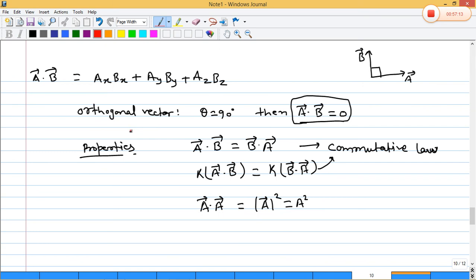We'll discuss the scalar triple product and vector triple product later.